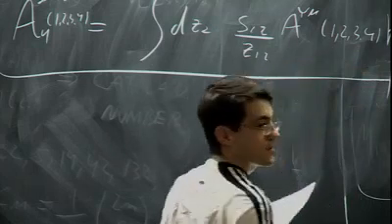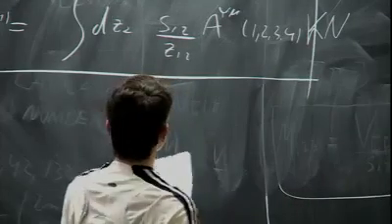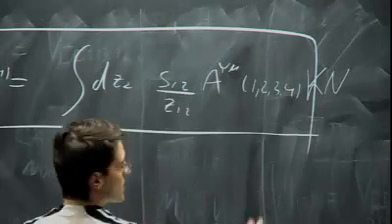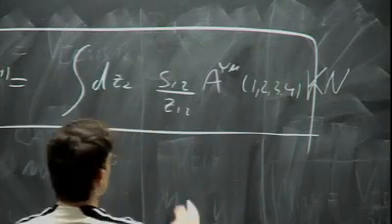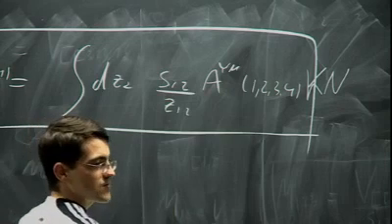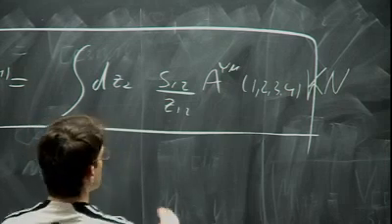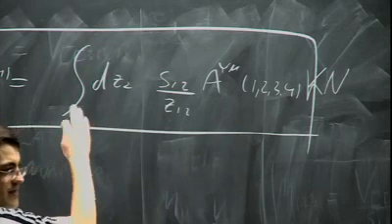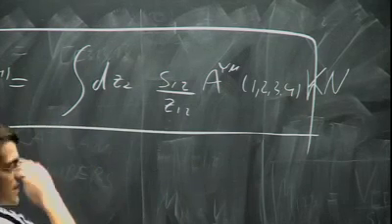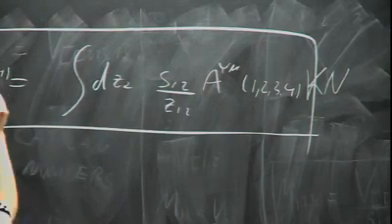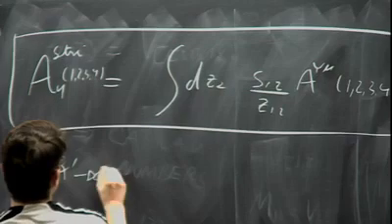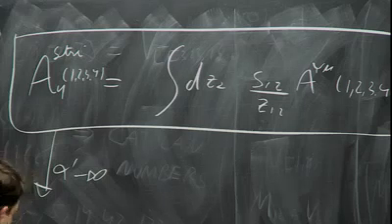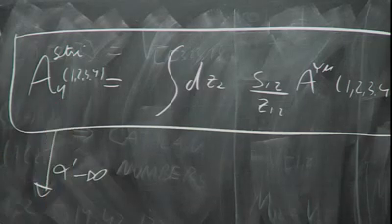What happens in the alpha prime zero limit? So in the alpha prime to zero limit, you can guess, right? Because you already know what's going to happen to the integral. If I didn't make any mistake, you will know that the alpha prime to zero limit of this guy, what will it be?